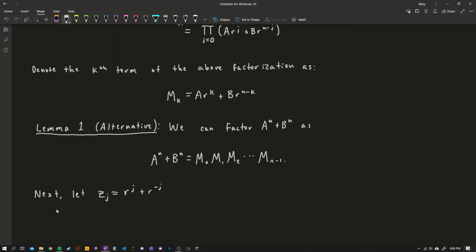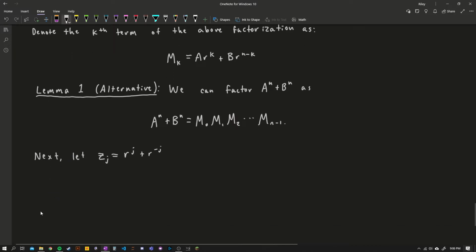All right, and lemma 2 now. Lemma 2 has two different parts. The first one is that if this z sub j divides any of these m sub i's, then it will divide all of them.